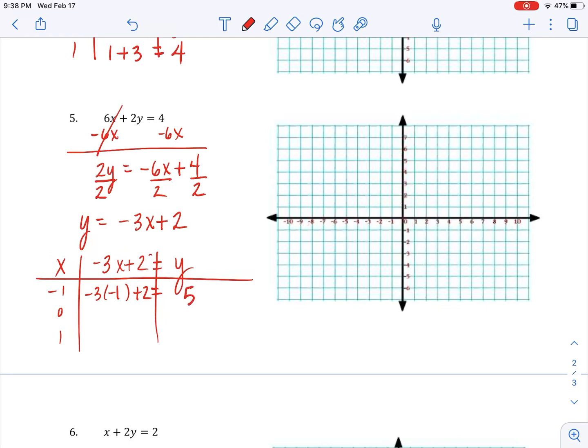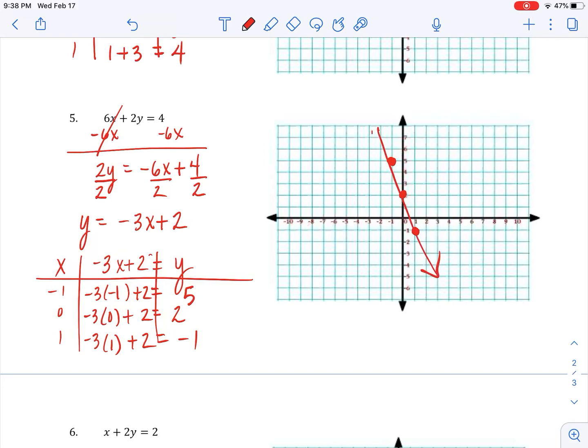That gives me a y value of 5. -3 times 0 plus 2 gives me a 2. -3 times 1 plus 2 gives me -1. So if we plot those, -1, 5 would be up here. 0, 2 would be right on our y-axis, and 1, -1 would be down there in that fourth quadrant again.